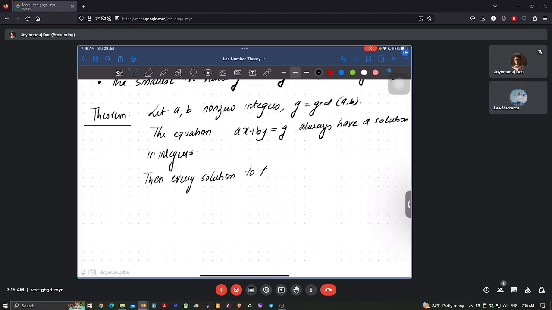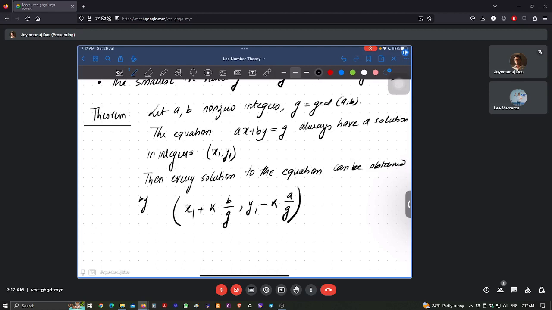The general solution is this: suppose x1, y1 is one solution, then x1 plus k times b by g, and y1 minus k times a by g. Here k can be any integer.